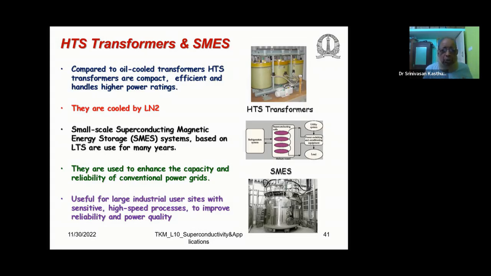I'm not in a position to go into the details of the working of this SMES here. Maybe interested people can have a discussion on this. Incidentally, high temperature superconductor based magnetic energy storage systems are also being tried out by several industries.